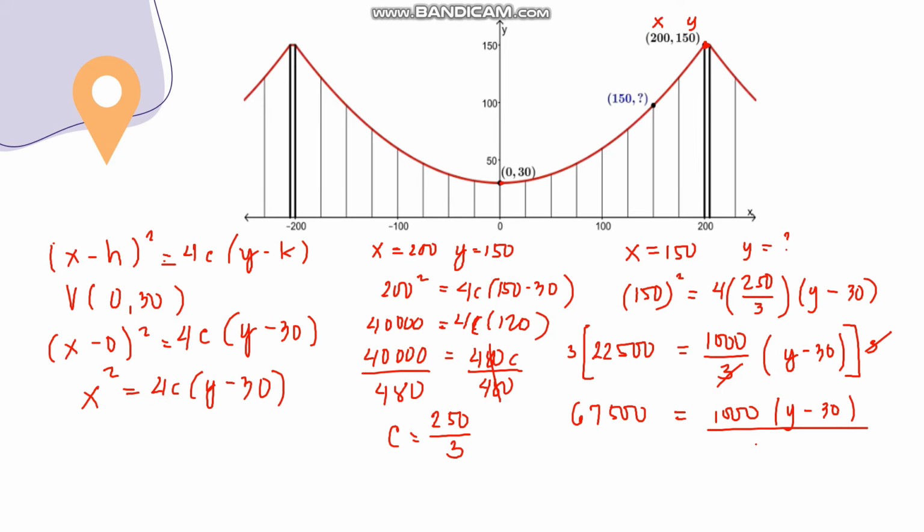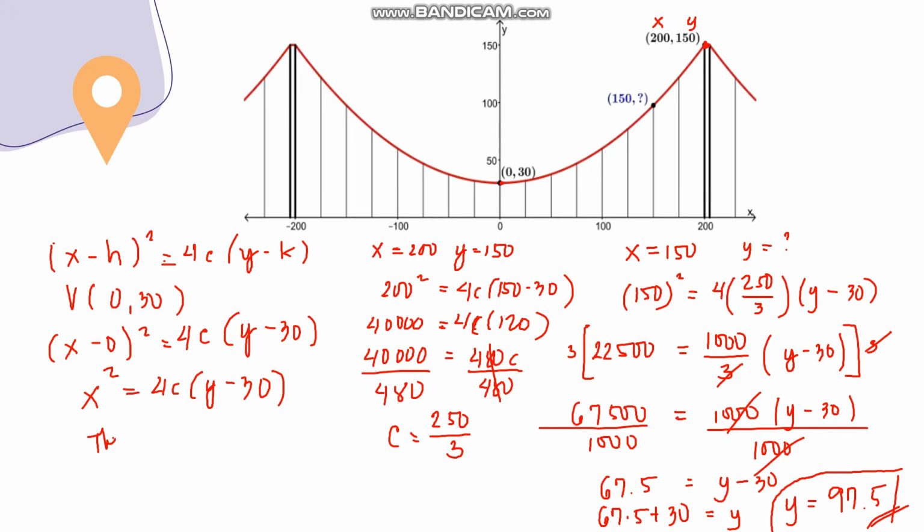Then divide both sides by 1,000, since what we need is just the y. We will get 67.5 equals y − 30. The last thing that we have to do is to move 30 to the other side. So that is 67.5 plus 30 equals y, or we can say that y is equal to 97.5.